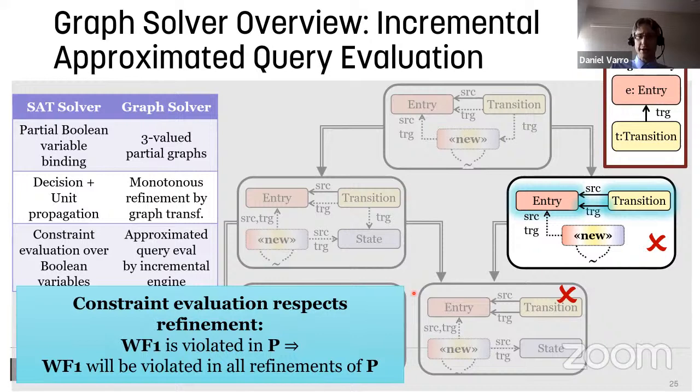So there is a certain level of monotonicity in how the graphs are generated, even though the underlying constraints still contain negation and other kinds of complex first order logic constructs.